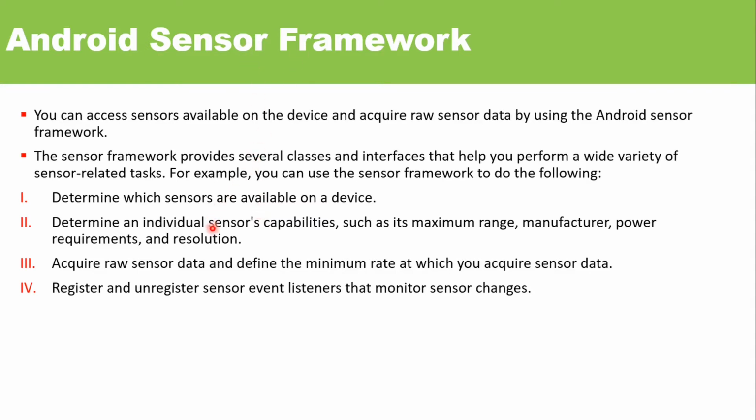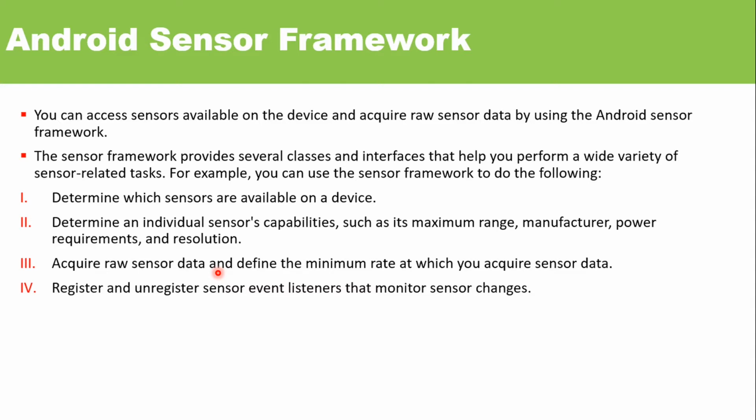Again, we can determine an individual sensor's capabilities, okay, such as its maximum range, power requirements, and resolution. So if we want to know the maximum resolution for a sensor, or the power requirements for a sensor, we can determine that through our Android sensor framework. Next, we can acquire raw sensor data and define the minimum rate at which we can acquire sensor data, okay?